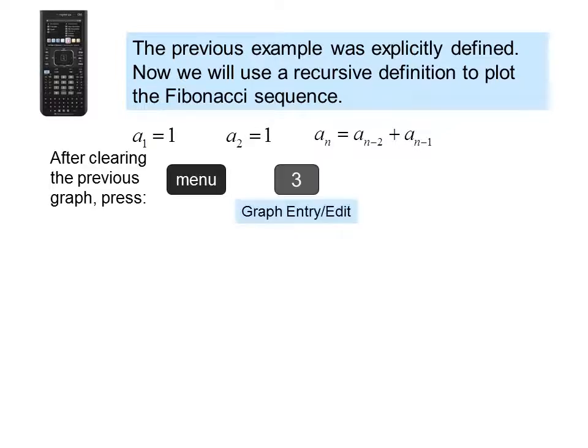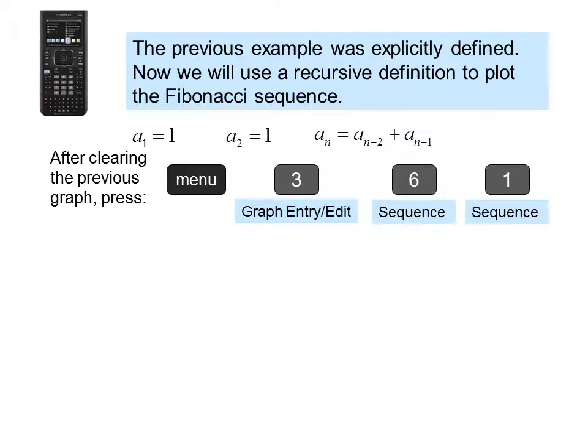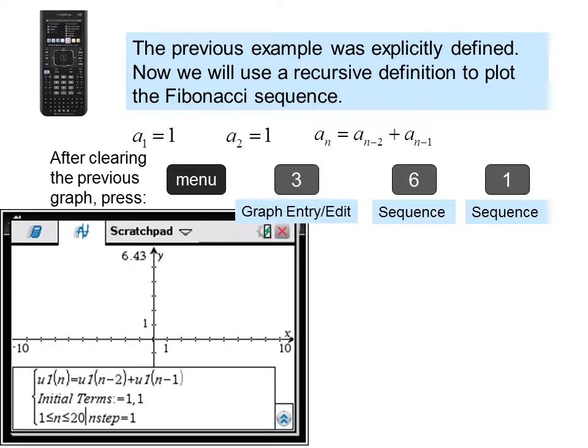After clearing the previous graph, press Menu, 3, Graph Entry Edit, 6, Sequence, 1, Sequence. We enter the expression as u1(n minus 2) plus u1(n minus 1).